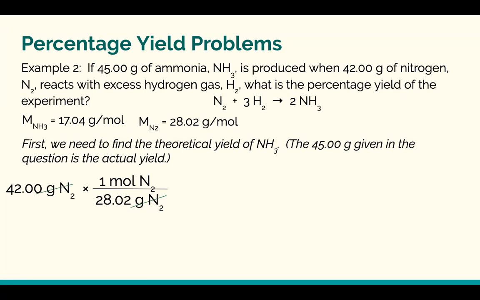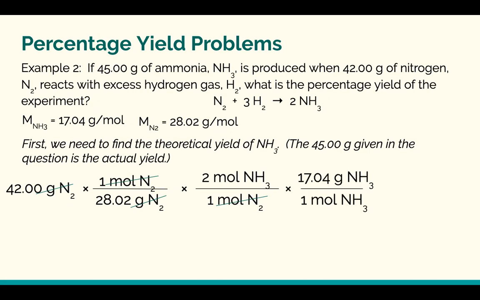Then we'll use the mole ratio from the balanced chemical equation to figure out the number of moles of ammonia. And then we'll use the molar mass of ammonia to find the mass of ammonia that could be produced, or the theoretical yield. Okay, so our theoretical yield is 51.0835 grams of ammonia.